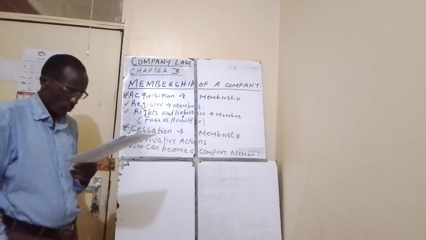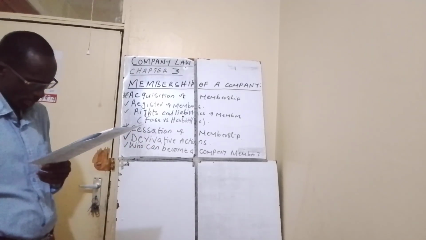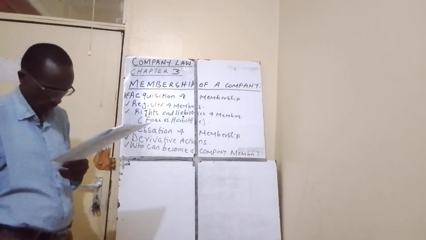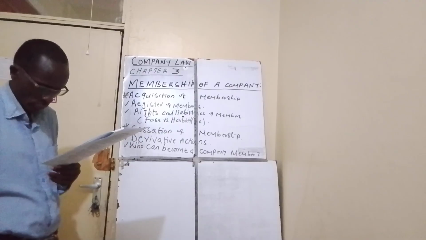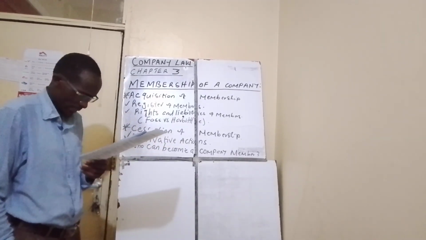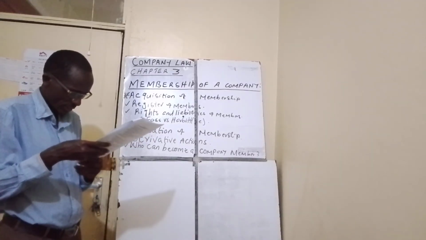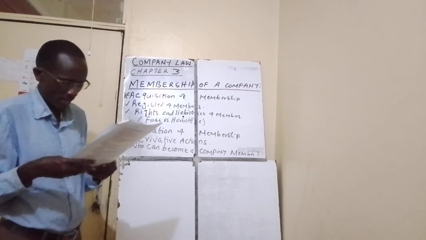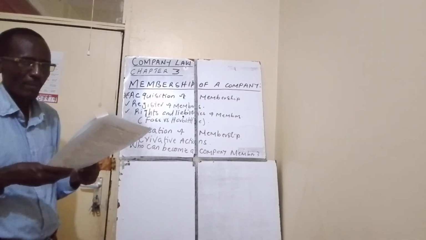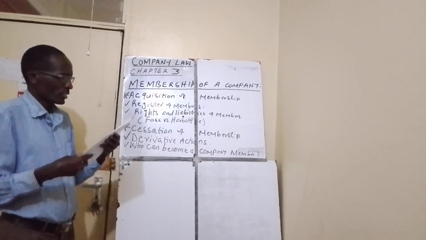Unless the articles provide otherwise, an infant may become a member of a company. However, the contract of membership is voidable during infancy or within a reasonable time after attaining the age of majority. By avoiding the contract, the infant ceases to be a member. Number 2 is adults.